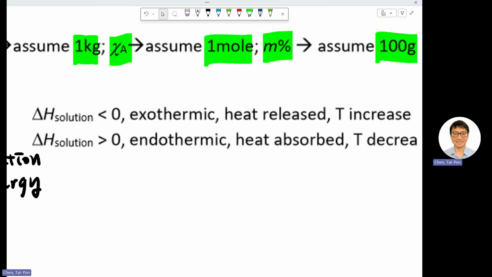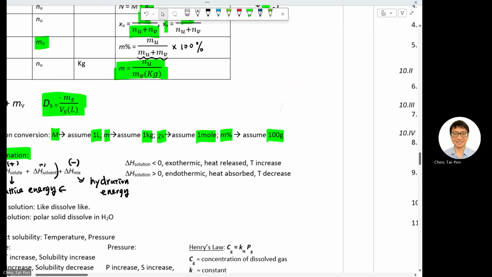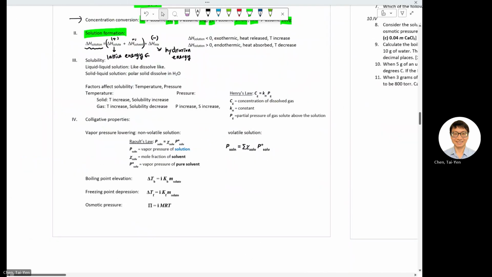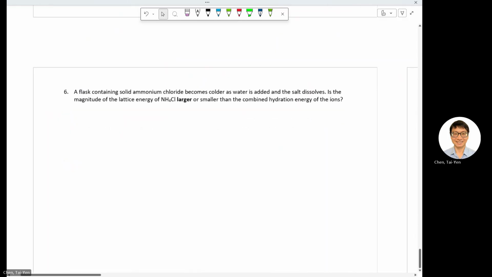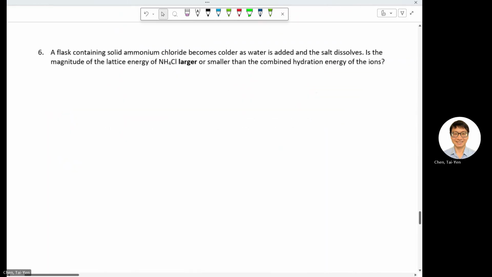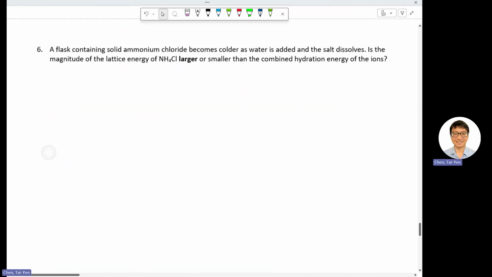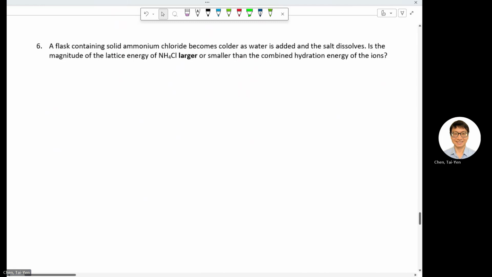Let's look at one question so you can see what I mean. Let's read this. A flask contains solid ammonium chloride that becomes colder as water is added and the salt dissolves.